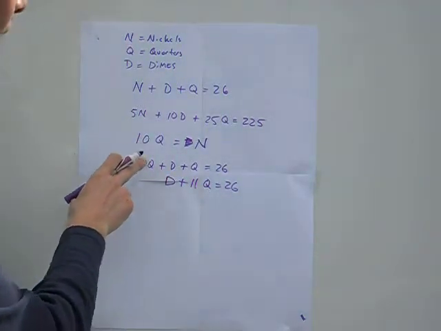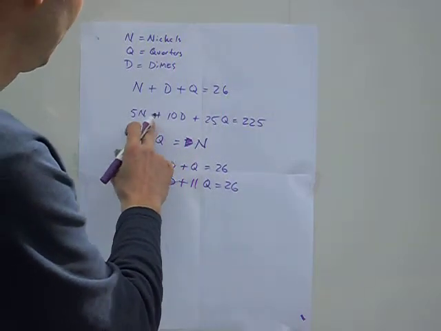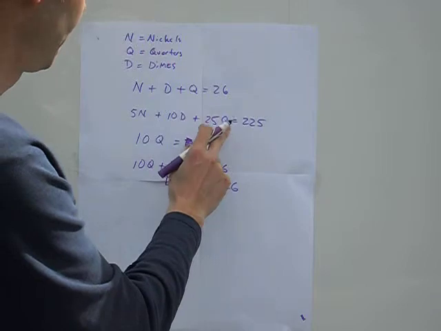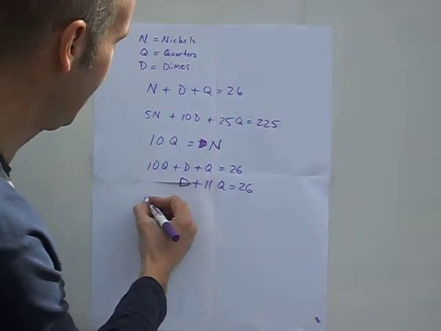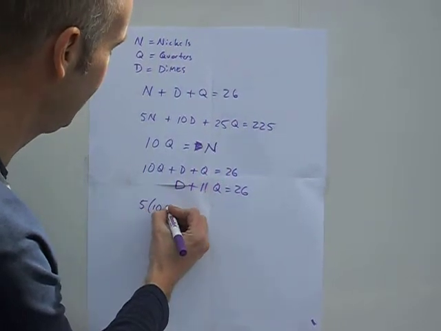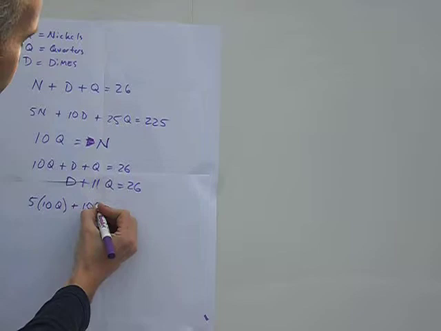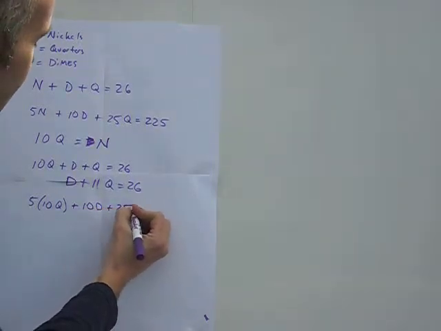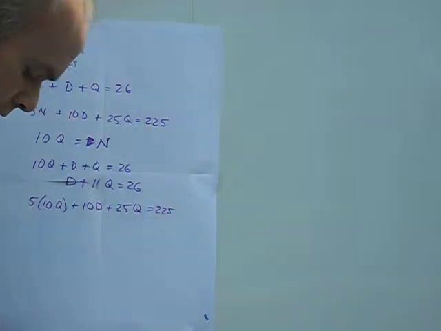And then if we put in 10q for the nickels into this one, we get 5 times 10q plus 10d plus 25q is equal to 225.